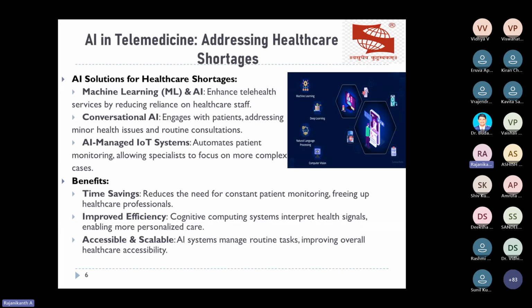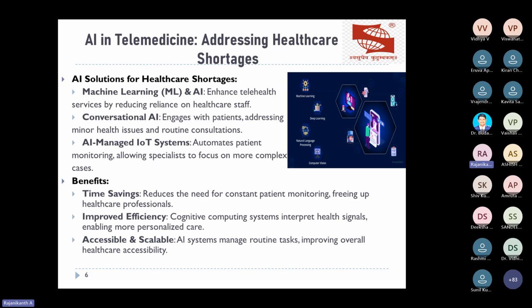Because of this, the benefits we are going to get, as I already mentioned, are time savings, improved efficiency, accessibility and scalability. So AI solutions for healthcare shortages are an advantage. What I mean to say is the difference between telemedicine and AI: in telemedicine, we require a doctor to be available online to address the patients.